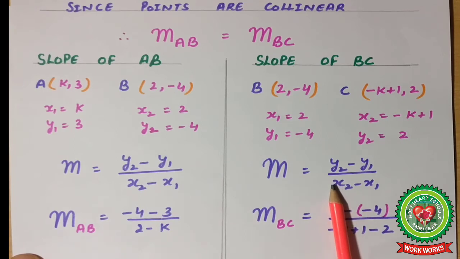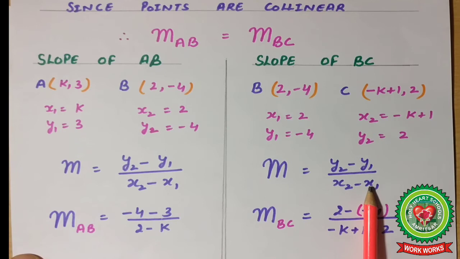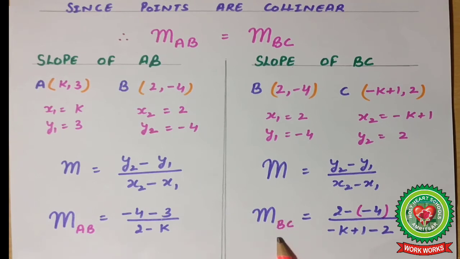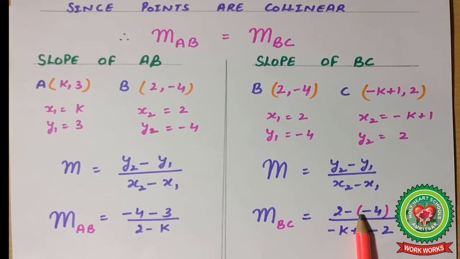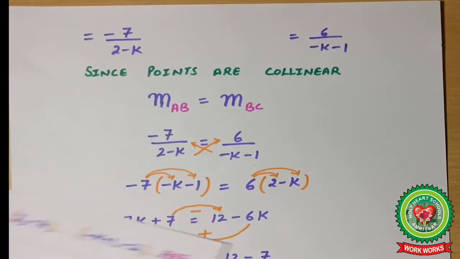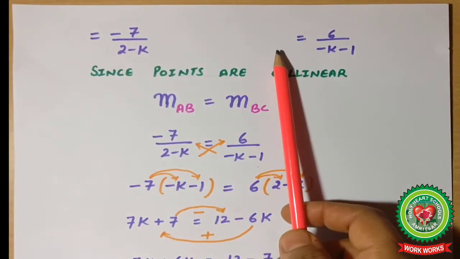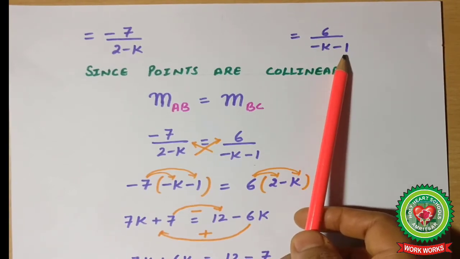For MAB, y2 minus y1 is minus 4 minus 3, and x2 minus x1 is 2 minus k. For MBC, y2 is 2 and y1 is minus 4, so minus and minus become positive, over minus k plus 1 minus 2. Solving, MAB is minus 7 upon 2 minus k and MBC is 6 upon minus k minus 1.